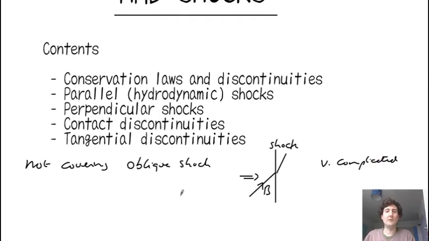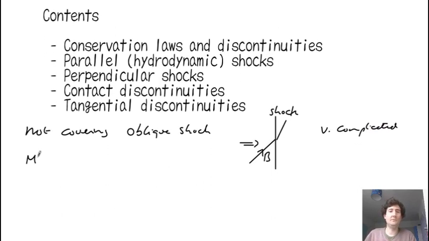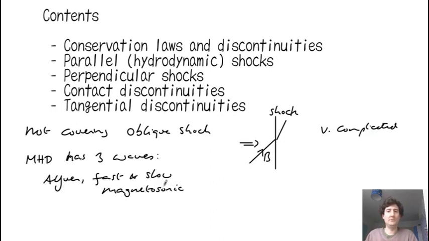In general, MHD has three kinds of waves. So there's the Alfvén wave, and then the fast and slow magnetosonic wave. And so whereas the fluid flow, where we have Euler's equation, only has one kind of wave, the sound wave, now we have three. And so there are different kinds of shocks depending on what the flow speed is relative to these three different wave speeds.